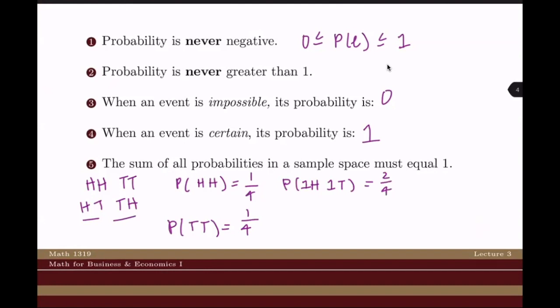And when you add all these up, you get 1/4 plus 1/4 plus 2/4, which is 4 out of 4, which equals 1. So that does work. So we can see that the sum of all the probabilities in our sample space does equal 1, and that's what that means. Okay.